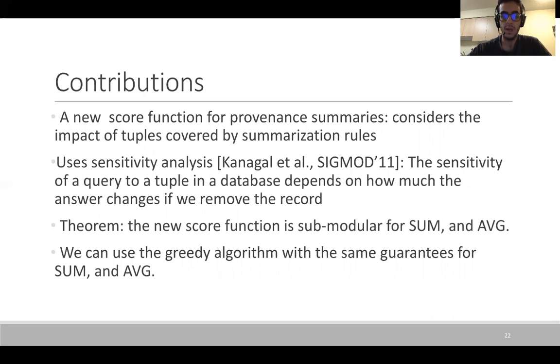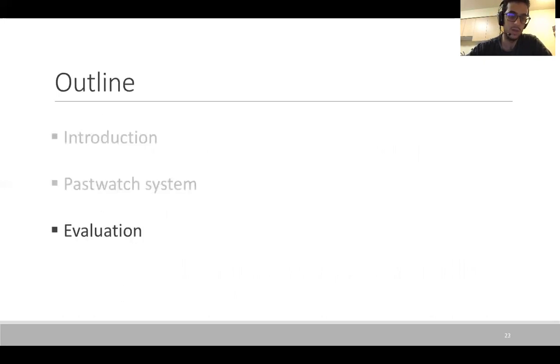So say we have a tuple with a movie in it. If we remove that tuple, and it has a high revenue value, then it has a high impact. And this new score function that we introduce is submodular for sum and average, so we can use the greedy algorithm with the same guarantees as we do for count.